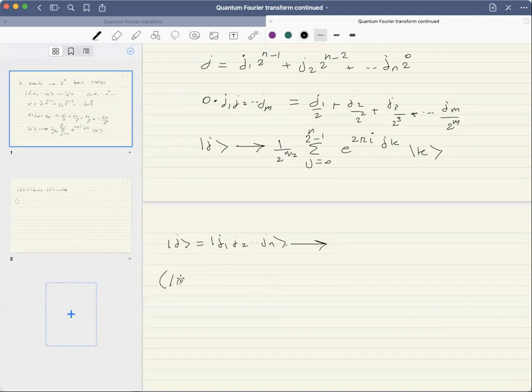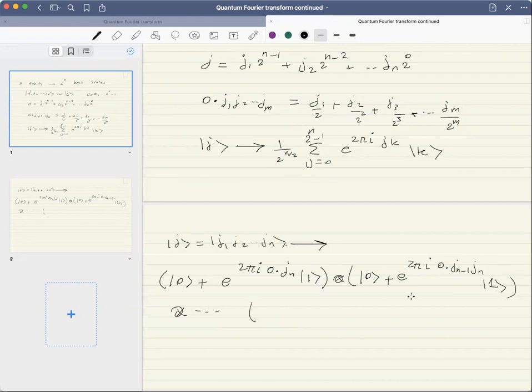So it's going to be 0 plus e to the 2 pi i 0 point Jn, state 1, tensor 0 plus e to the 2 pi i 0 point Jn minus 1 Jn, state 1, tensor with, we keep going, and every time we add one more bit here.